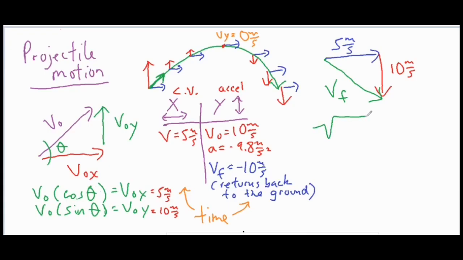So if we used the Pythagorean theorem of a squared plus b squared equals c squared, you would end up square rooting the sum of the squares of each of the sides, and then you would get the square root of 125, which is about 11.18 meters per second.